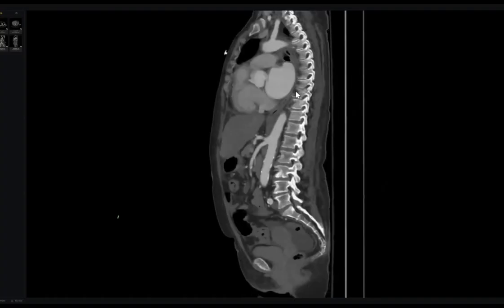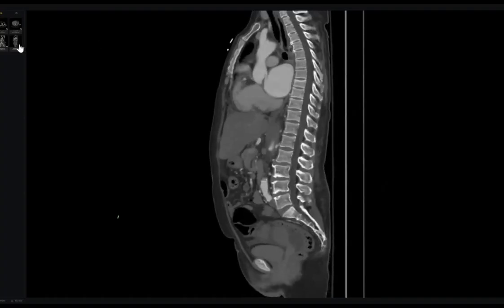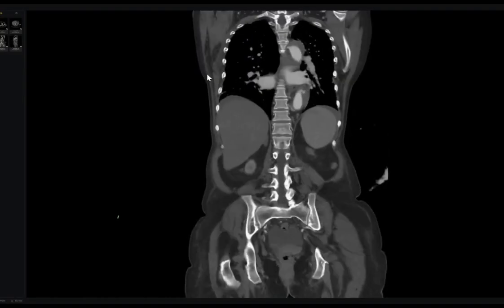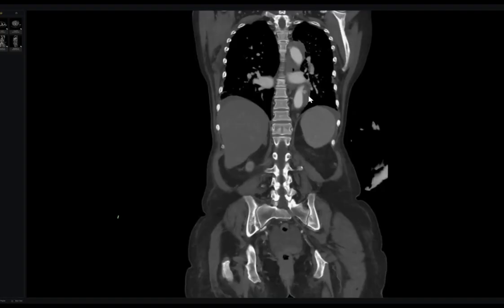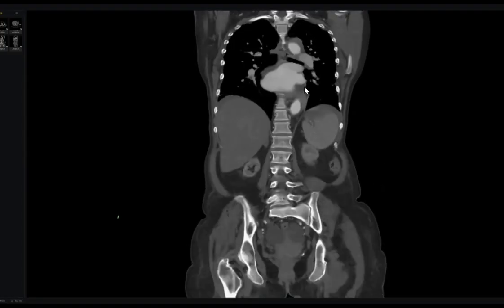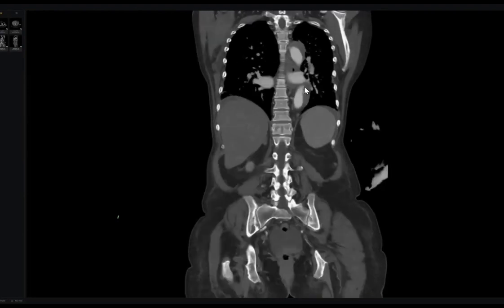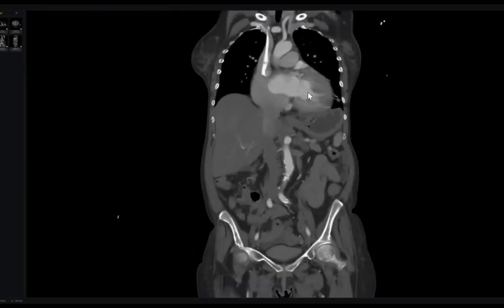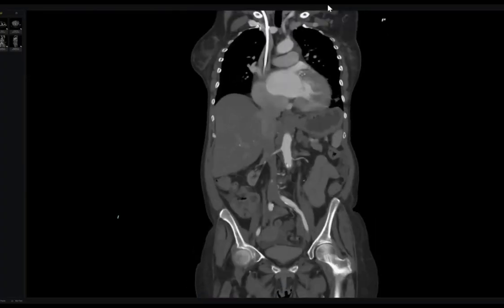So the difference between the penetrating ulcer, the intramural hematoma and the dissection is that intramural hematoma has entry of blood without exit. So the blood clotted inside the wall.